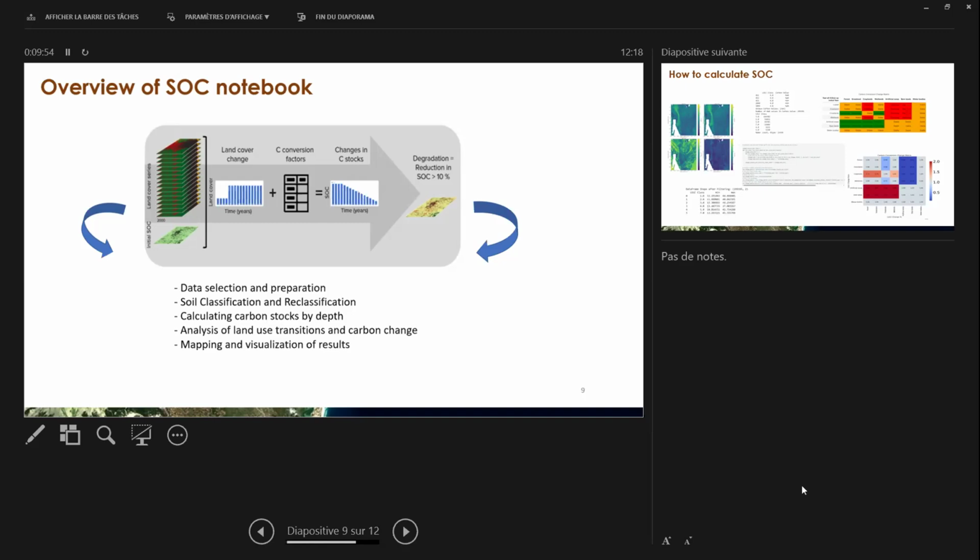Then the soil classification and reclassification, which is based on the soil data. The calculation of carbon stocks by depth. Here, for this example, we use the 30 centimeter depth, and then the analysis of land use land cover transition and carbon change.